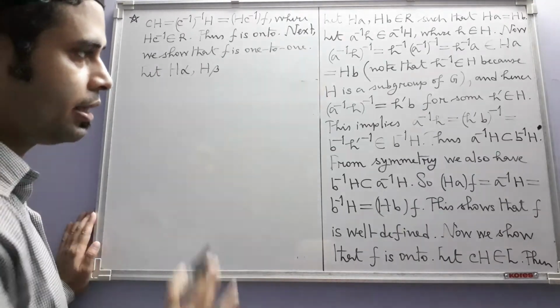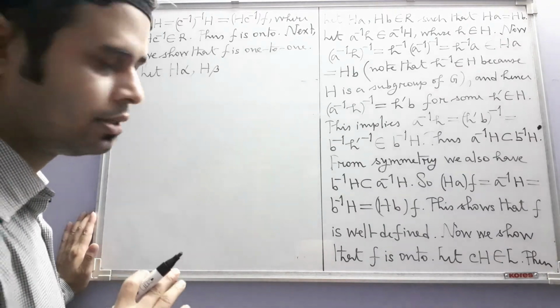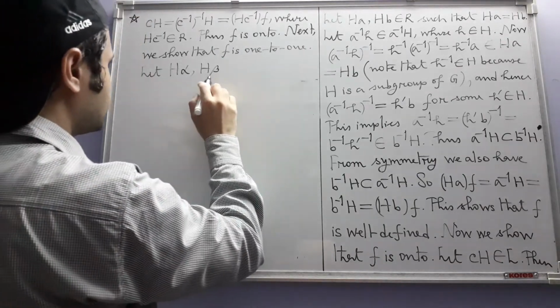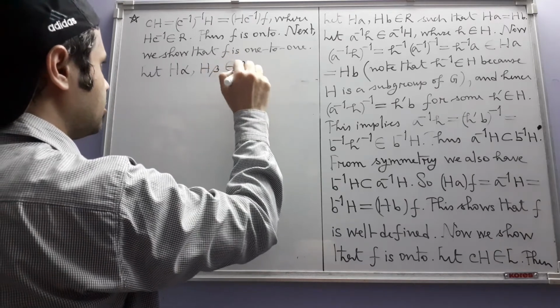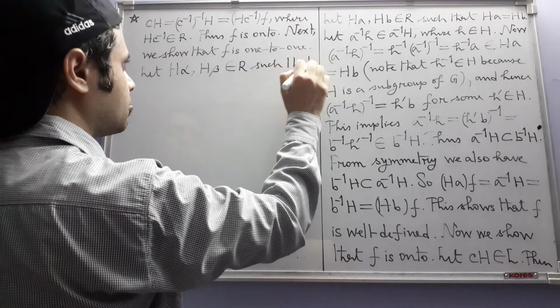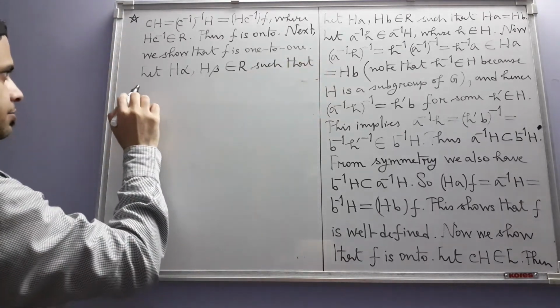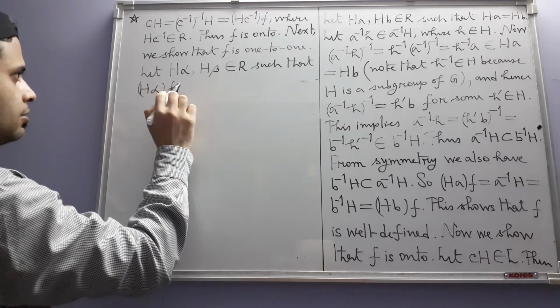They were just any elements in R and they continue to be arbitrary elements in R. So here we are taking H alpha and H beta in R such that their F images are equal.